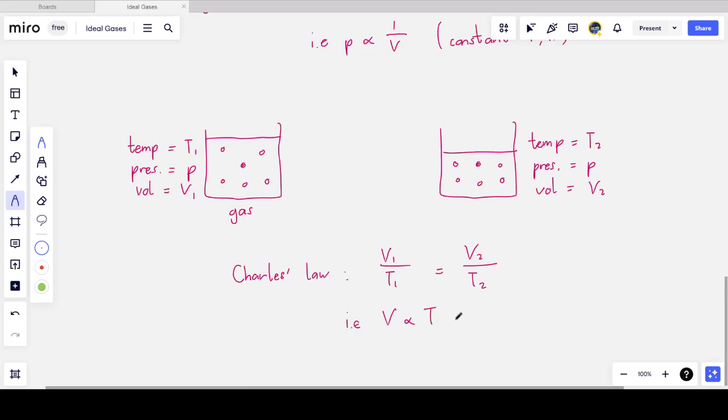Increase the temperature and so too will the volume increase. Decrease the temperature and the volume of the gas, you'd expect the gas molecules to come closer together, and at some point they will condense to form a liquid. So the volume and temperature are proportional provided we keep the pressure constant, and the number of moles. So again, there's no gas entering or leaving the system. That's remaining constant.